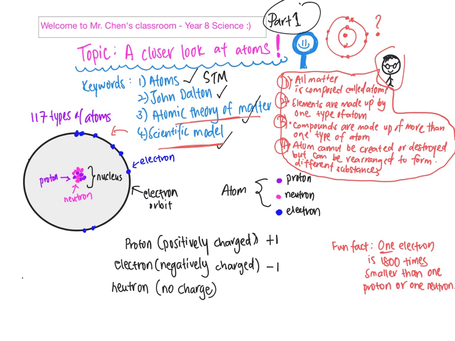So there are 117 types of atoms, as we know, in your periodic table. Each element is made out of one type of atom. We know that. So there are 117 of them, and this is just one of them.